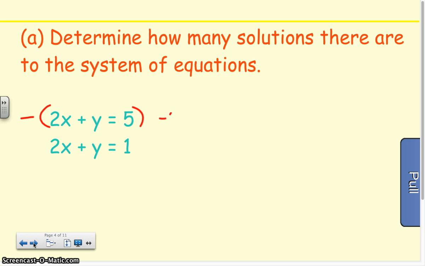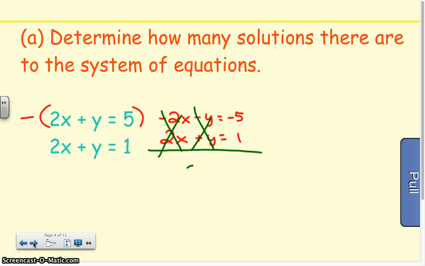So this turns into negative 2x minus y is negative 5. And then I have the positive 2x plus y is 1. If I combine these, the x's cancel out, the y's cancel out, so I'm left with 0 is equal to 4. This is false. It's not true. So I say it's a no solution.